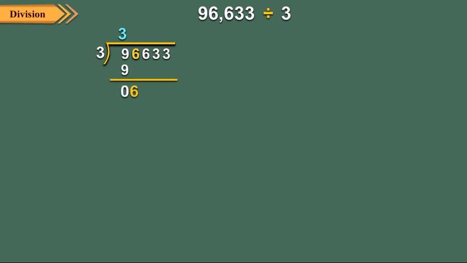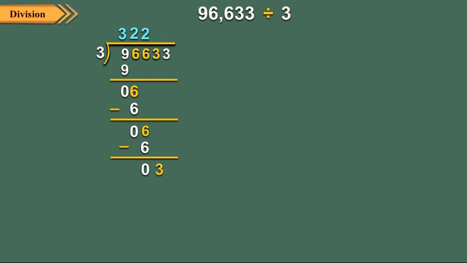Next, divide 6 in thousands place of 96,633 by 3. Quotient is 2 and remainder is 0. Next, divide 6 in the hundreds place of 96,633 by 3. Quotient is again 2 and the remainder is 0.